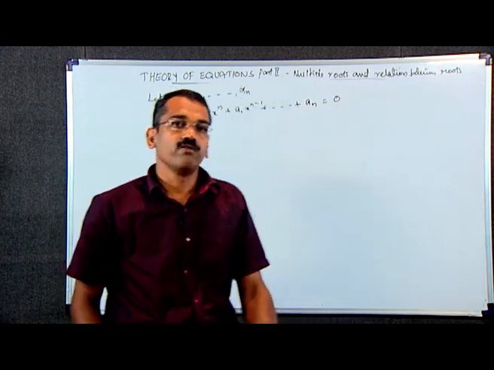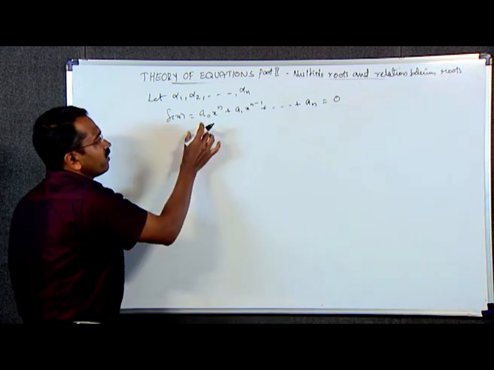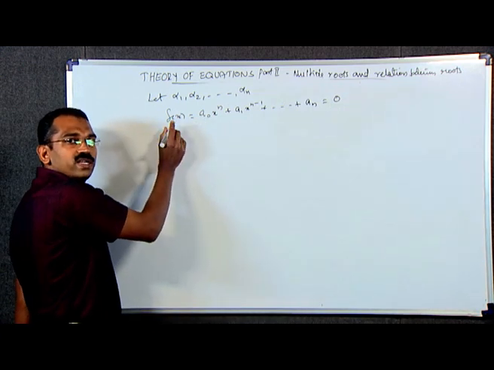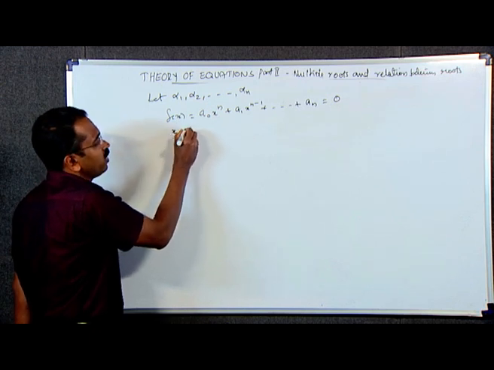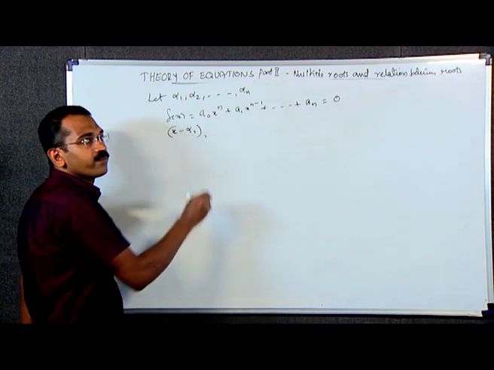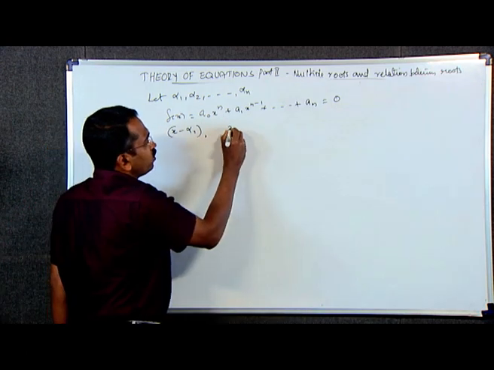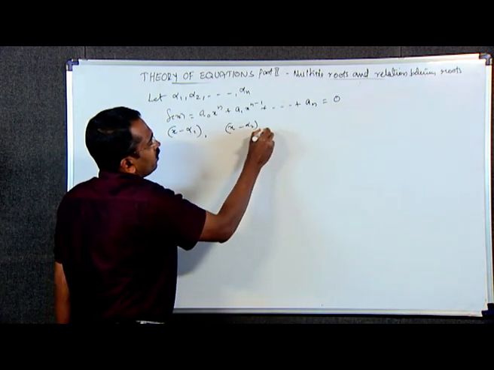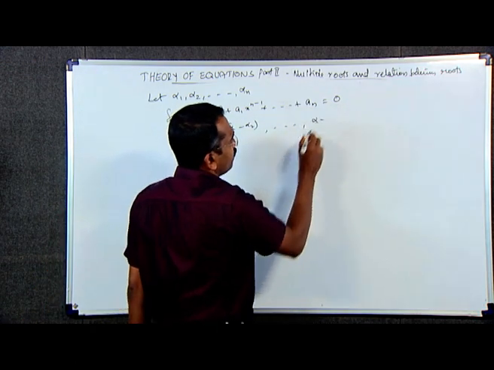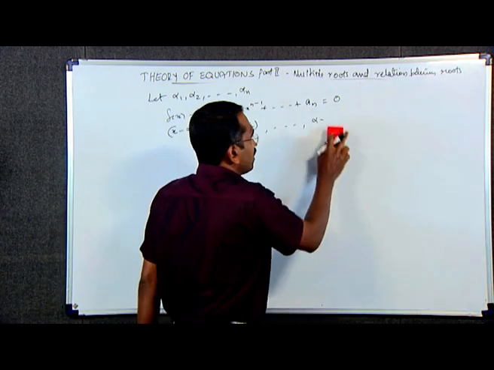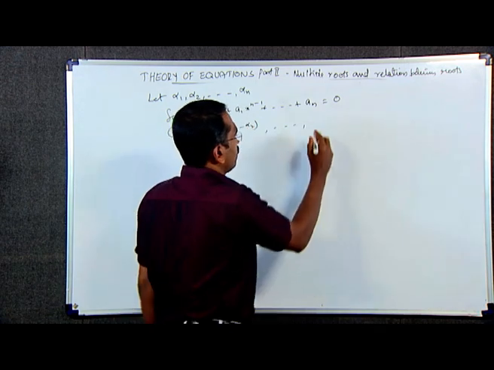Then we can say that x minus alpha 1, x minus alpha 2, etc., x minus alpha n are the factors of f of x.